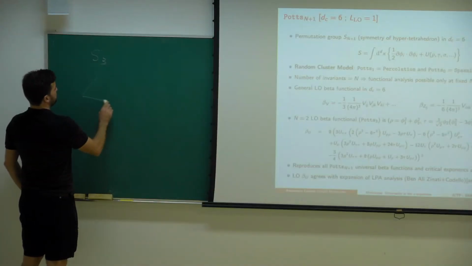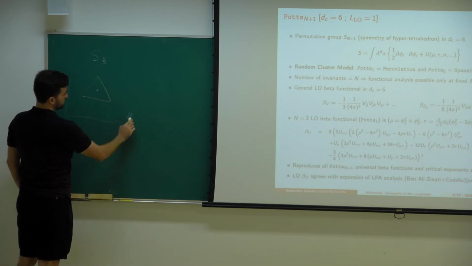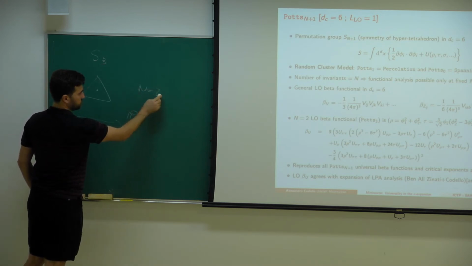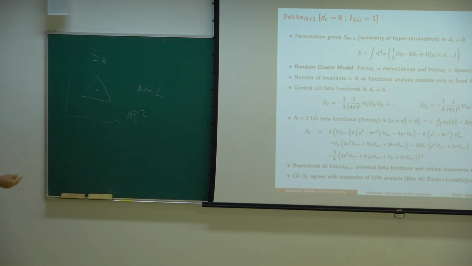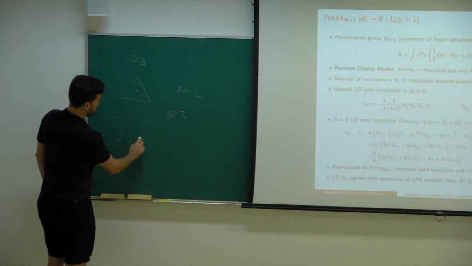S3 is the symmetry of the triangle. So the triangle is embedded in R2, so it's N equal 2. You need two fields. So there are two invariants, rho and the other one, tau.